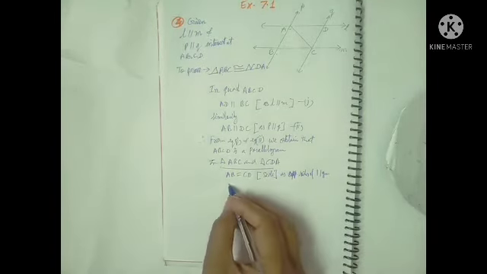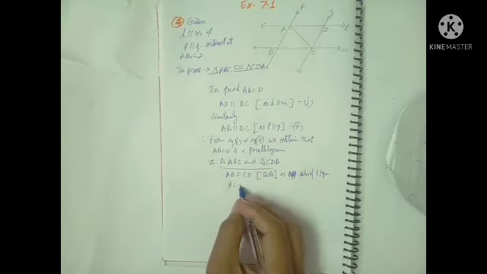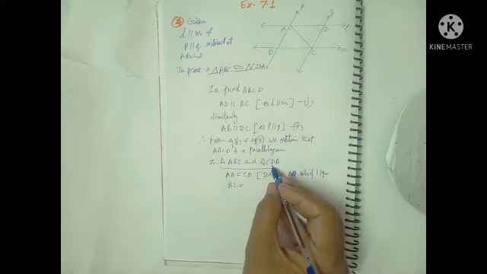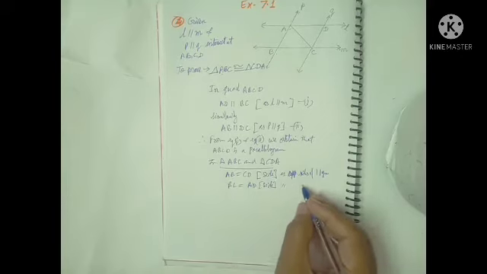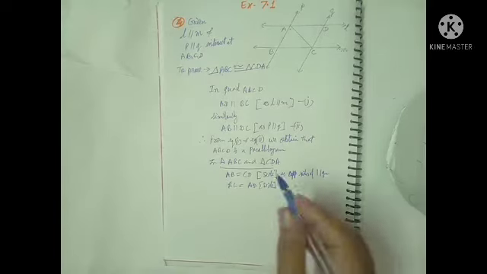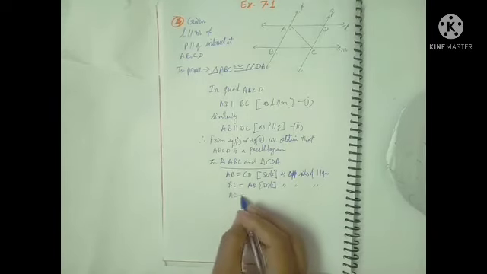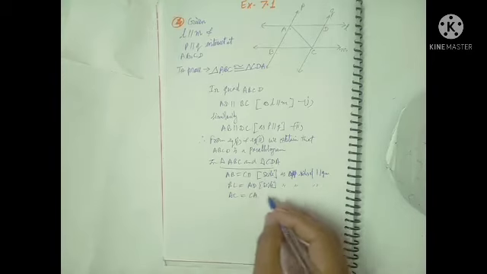Then BC is equal to AD. This is also a side. The reason is the same, opposite sides of a parallelogram. Now AC is equal to CA. This is also a side, and what is the reason?